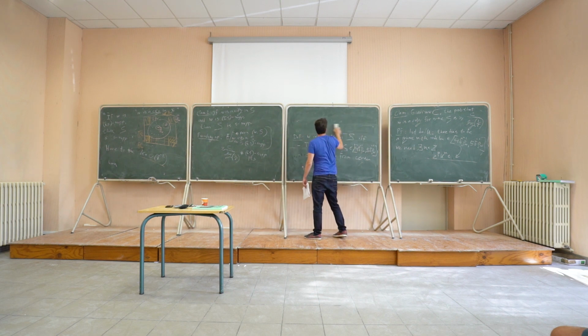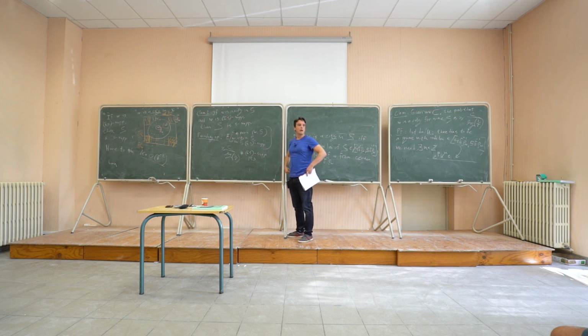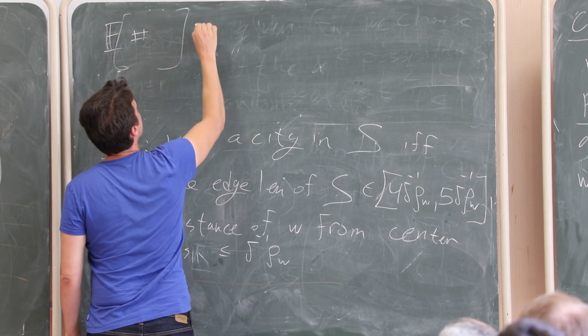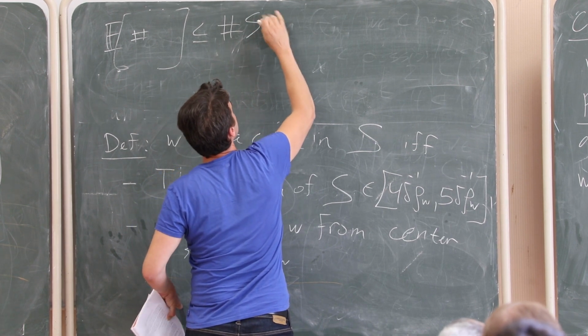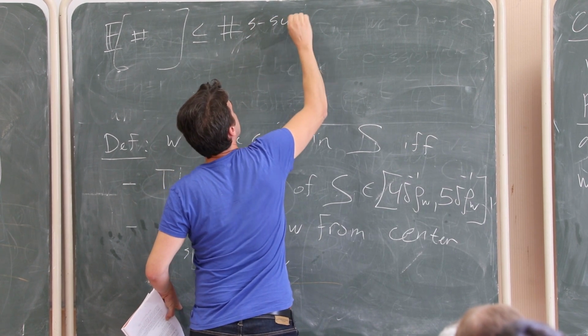I have the number of pairs where W is a point, and S is a square that contains that point, and that is good. And W also has to be delta S supported. So I'm bounding this expectation above by the number of S-supported squares.